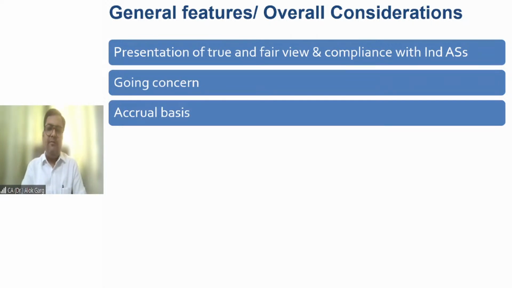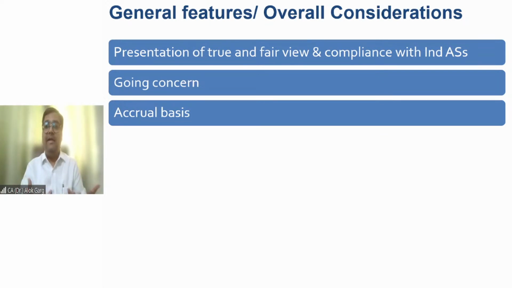Accrual basis means, for example, in the month of March, the company has made credit sales of rupees 1000 crores, and the money has been received in the month of April. So friends, whether this 1000 crore revenue has to be taken in that financial year only, the answer is yes. Why? Because the financial statement has been prepared on an accrual basis.